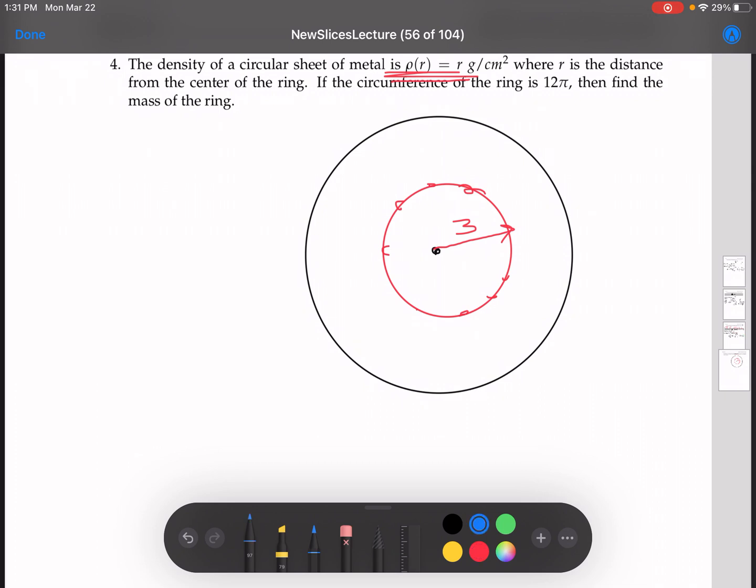If we went out a distance of 5, then everything along this blue ring here would have density 5. That's what it's saying there.